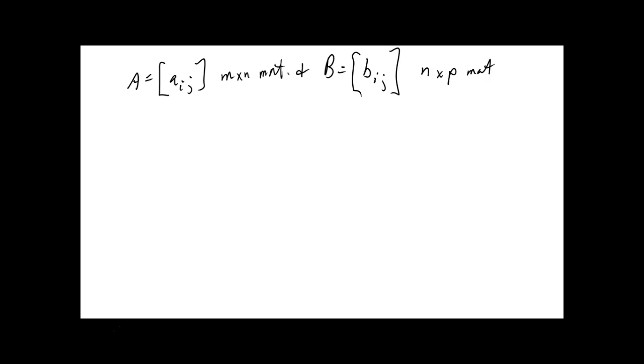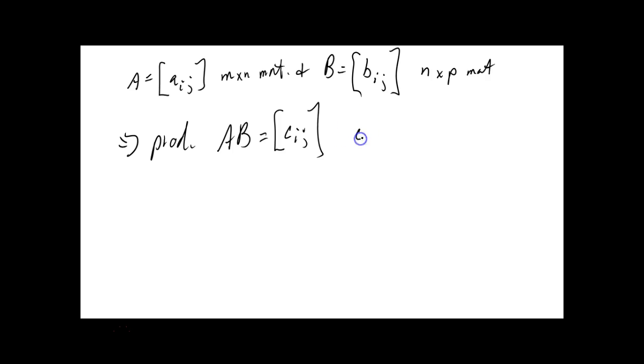Then the product, okay, AB, and that's how we usually write it, is an element Cij. And again, I think it would be clearer if they had used different subscripts, but it's fine.